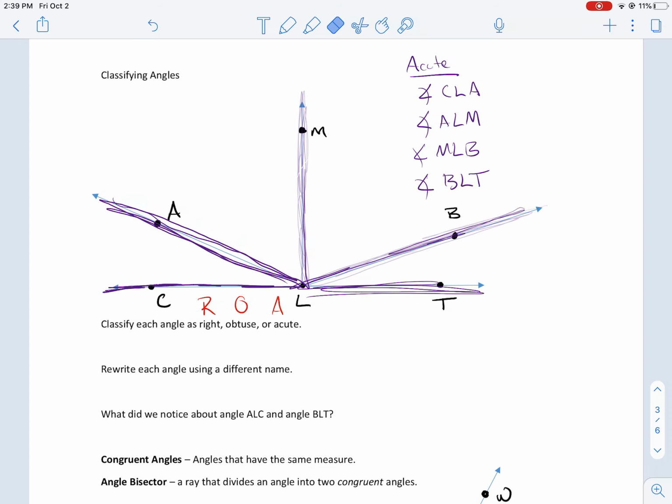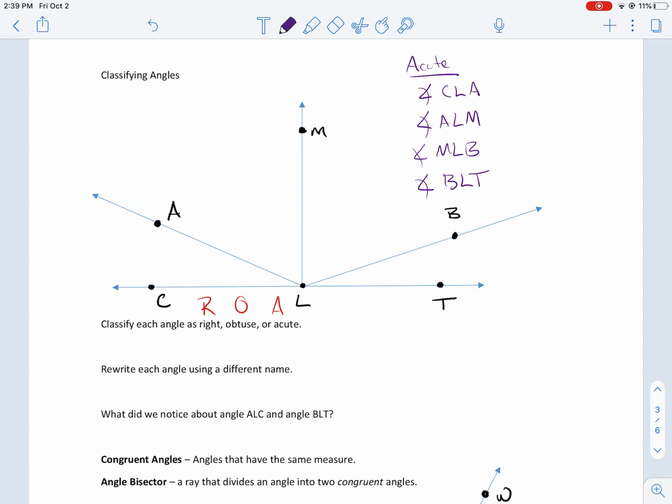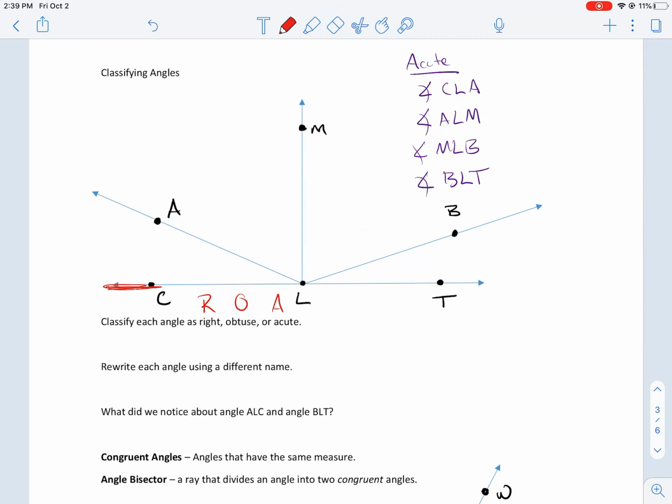Let's talk about obtuse. Okay, because we don't know the exact angle measures here. Right? If we had a protractor, we could, but we don't. So let's do the obtuse one. The obtuse one looks like this. So it goes past 90. Okay, so an obtuse angle, let me write it over here. Okay, so an obtuse angle, angle CLB. All right, let's do another one.